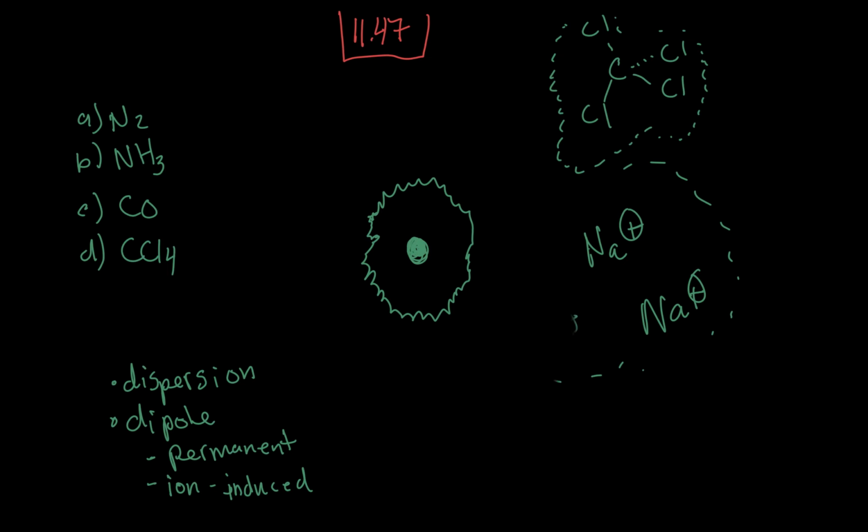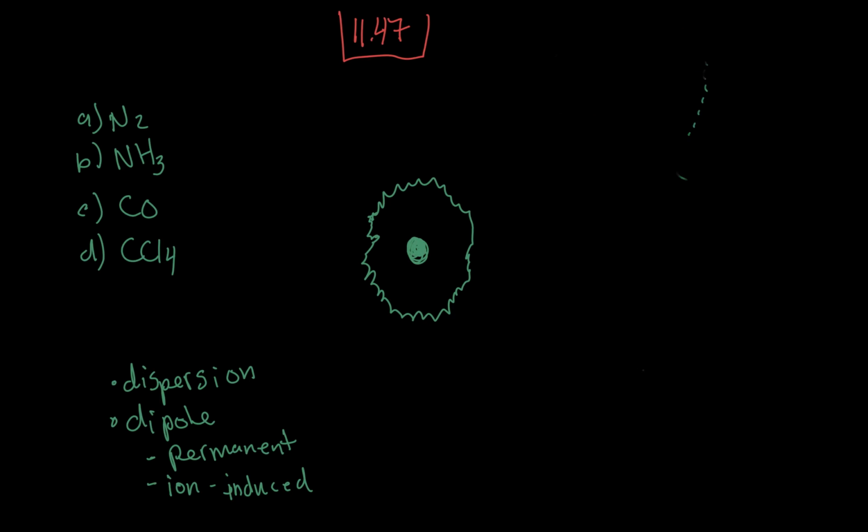Let's get rid of this and find another kind of induction. We can have molecules that do have dipoles in existence. We're going to use carbon monoxide here. We're answering this question by going through all of these, so hopefully you're seeing we're killing two birds with one stone here.